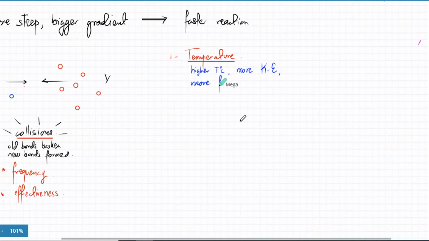So there's going to be more frequent and also effective collisions.